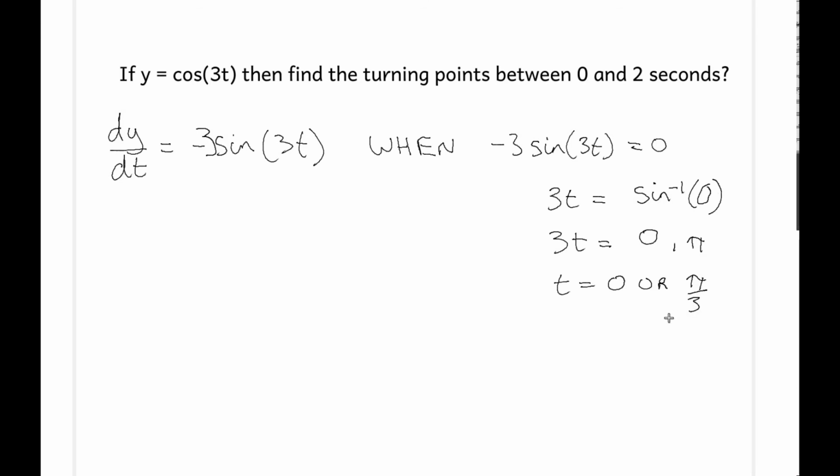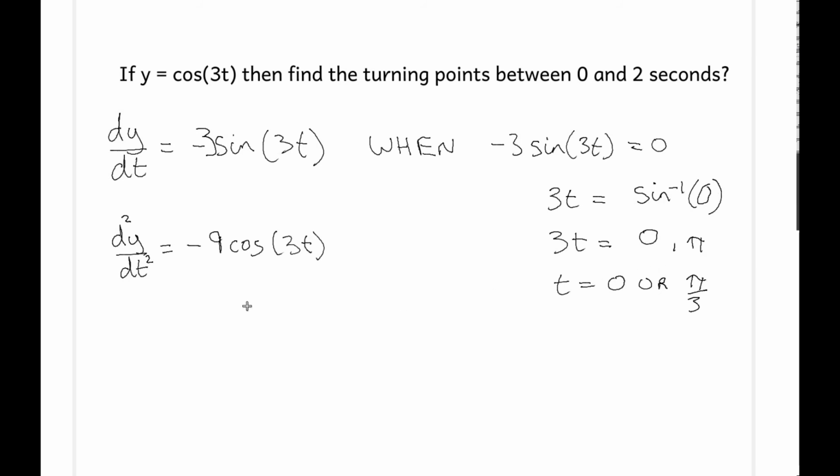Okay, so if I do my double differentiation of the above term, it's still going to be minus 9 cosine 3t.